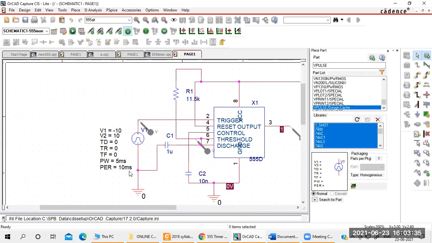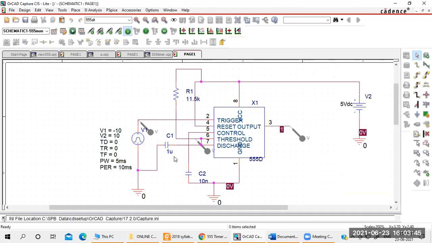This is the voltage level to give the pulses for the trigger input, pin number 2. Then pin numbers 6 and 7 are shorted here and connected to the capacitor, and pin number 3 is the output. So make the circuit according to the given diagram. I've already drawn the circuit diagram here.